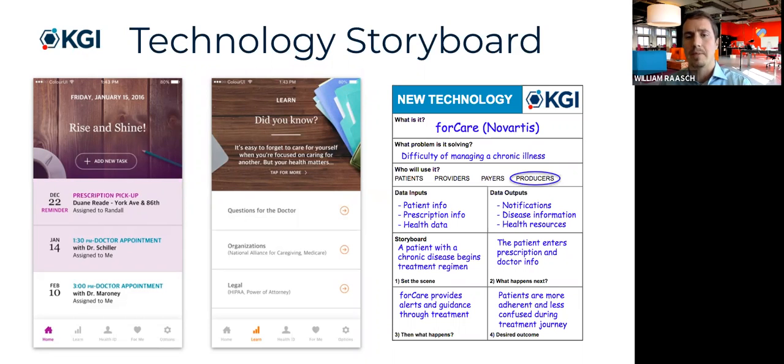So the storyboard is: a patient with a chronic disease begins their treatment regimen. After that, they enter their prescription and also the info on whoever their doctor is. And then ForCare will provide them with alerts and guidance through the treatment regimen that they're going into. So it might also warn them about certain side effects or certain things that they need to take care of as they're taking the medication, right?